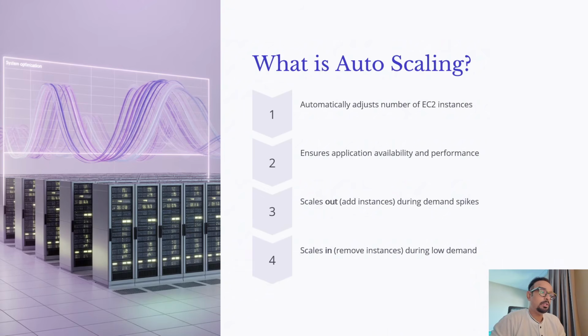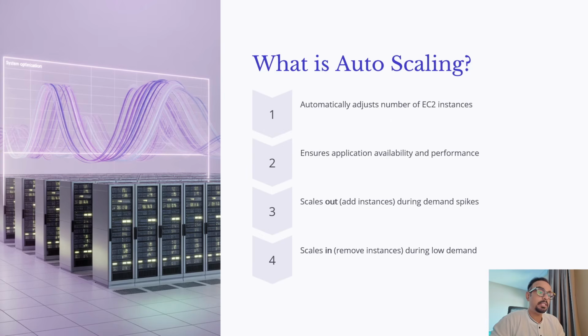What is autoscaling? Autoscaling is an AWS service that automatically adjusts the number of EC2 instances in your environment based on demand. It ensures your applications always maintain the right balance of availability and performance. During high demand, autoscaling can scale out by adding more instances, and when traffic drops, it scales in, removing unneeded instances to save cost.